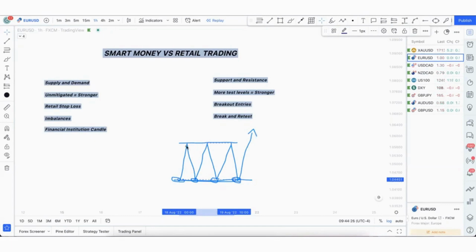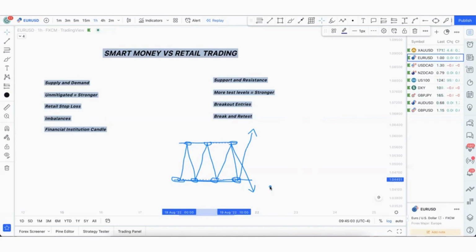Or if the resistance has these tested levels, they believe that price will go to the downside and continue to go to the downside. But in reality, it's not that way, because the stronger the confirmation, the level of support tested 4 to 5 times, they think that means this level is so strong because it is tested.